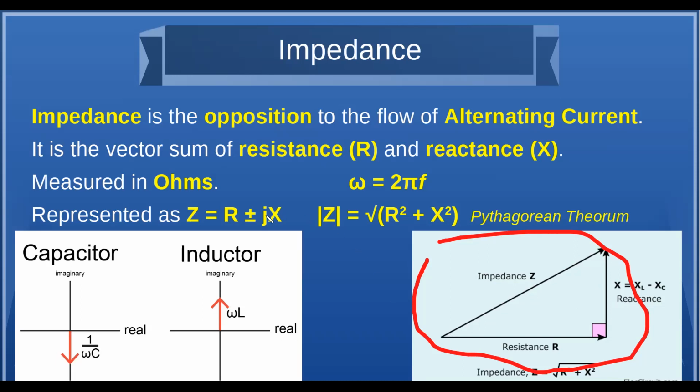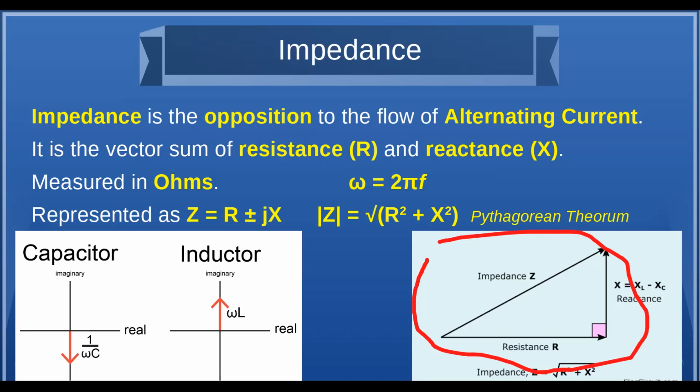Now, you probably haven't seen the J before. And in mathematics, a little interesting thing came up about -1, and what is its square root?